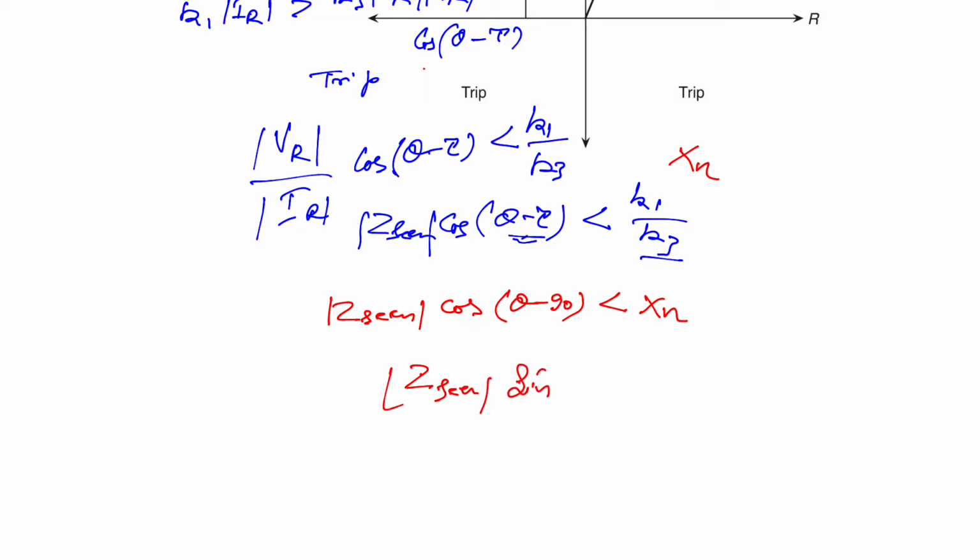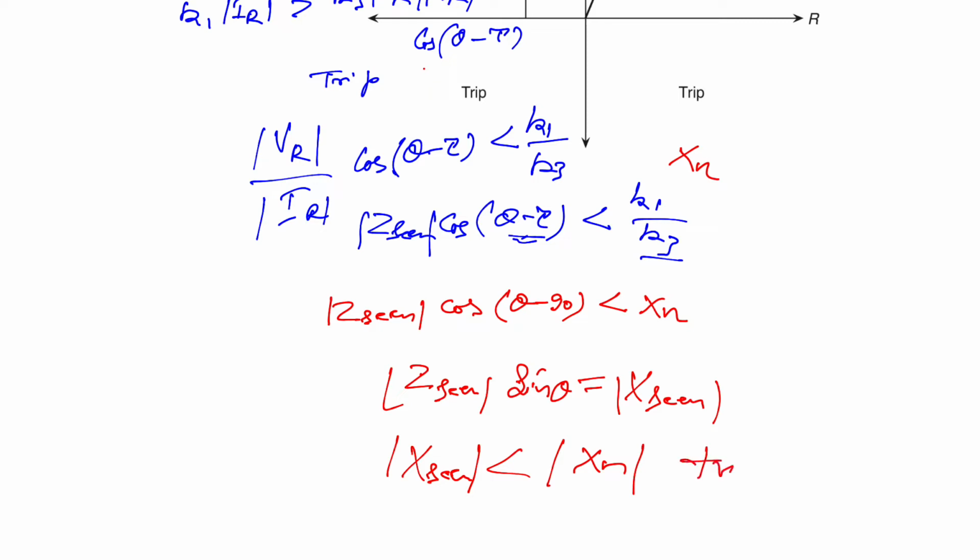Cos of (theta minus 90) is sine of theta, so Z seen sine of theta is equal to X seen. So the final expression is: if the magnitude of X seen is less than Xn, then it will trip, else it will restrain.